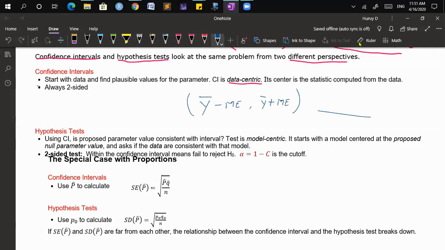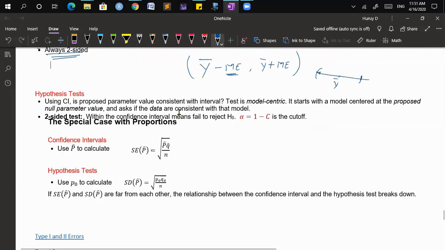So you have y bar at the center, and then you find the upper limit and lower limit for your interval by adding and subtracting the same value. So the center is your data. Y bar means your data. And it's always two-sided. We don't have a one-sided interval. But in hypothesis testing, we have both one-sided or two-sided hypothesis testing.